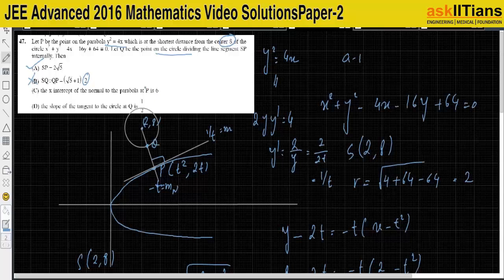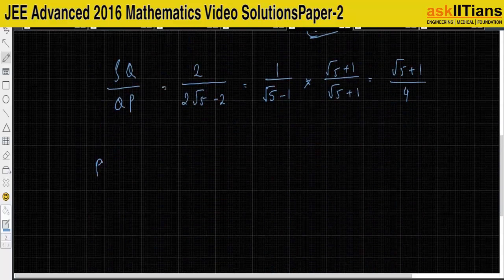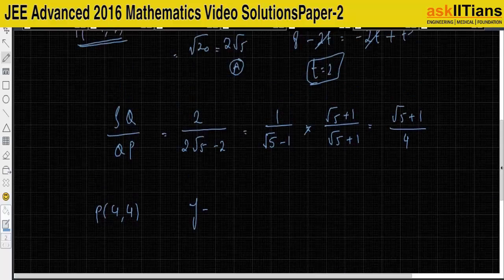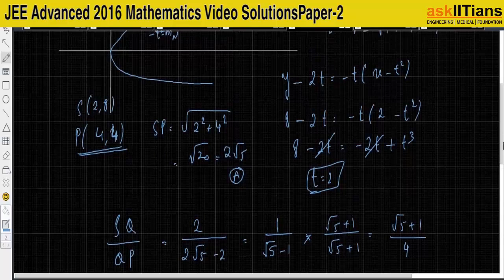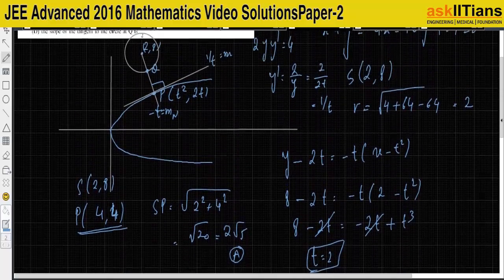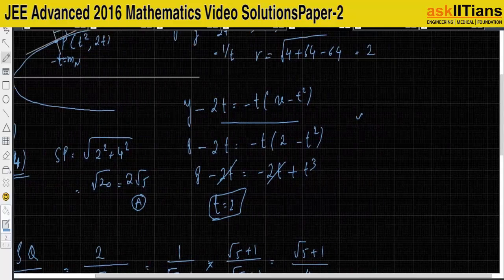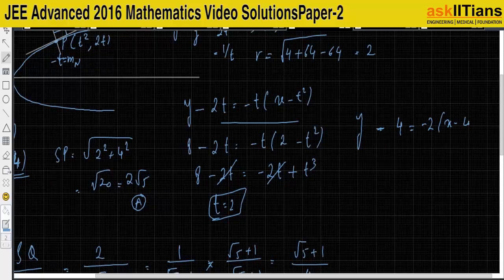Okay, so if I write down the normal to the parabola at P, what will be the equation of normal at 4 comma 4? Here I have already written the equation. So t is equal to 2, y minus 4 is equal to minus 2 times x minus 4.